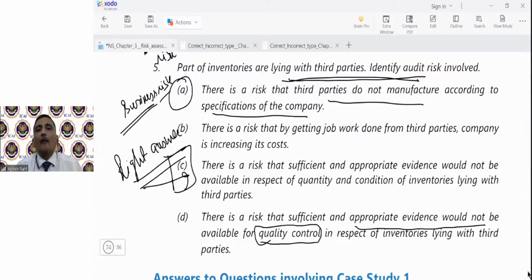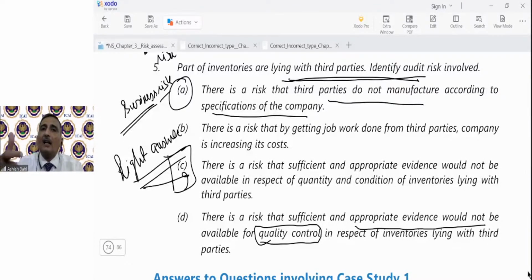So students, whether a product is manufactured in accordance with the quality control requirements of the company, उसी स्पेसिफिकेशन का है कि नहीं. सपोज एक कंपनी पाइप्स बना रही है, तो उसमें पाइप एक स्पेसिफाइड मिलीमीटर डायमीटर की है, या उससे 0.1 या 0.01 कम या ज्यादा है, ये किसका रिस्क है? ये ऑडिटर का रिस्क थोड़ी है, ये तो कंपनी का रिस्क है. अगर वो प्रॉपर क्वालिटी की नहीं है तो कंपनी का माल नहीं बिकेगा, कंपनी का माल डिफेक्टिव हो जाएगा. ऑडिटर को तो फाइनेंशियल स्टेटमेंट्स के रिस्क के बारे में देखना है कि जो अमाउंट रिफ्लेक्ट कर रहे हैं वो मिसस्टेटेड है या नहीं.